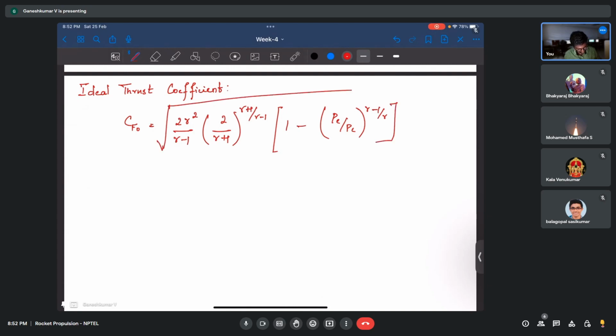Thrust coefficient is just mere substitution of each and every value. So I will just substitute everything.